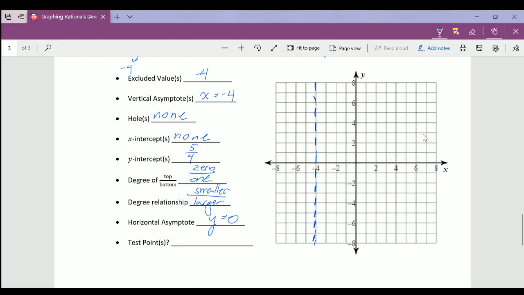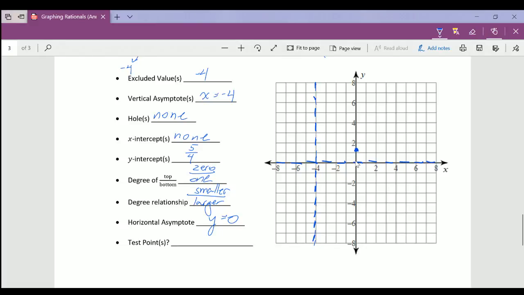The horizontal asymptote is y equals 0. So there it is there. Y-intercept is at 5/4. That's 1 1/4. It's kind of there-ish. Okay. And you know what? That's really all we have. There's no hole and there's no x-intercept.